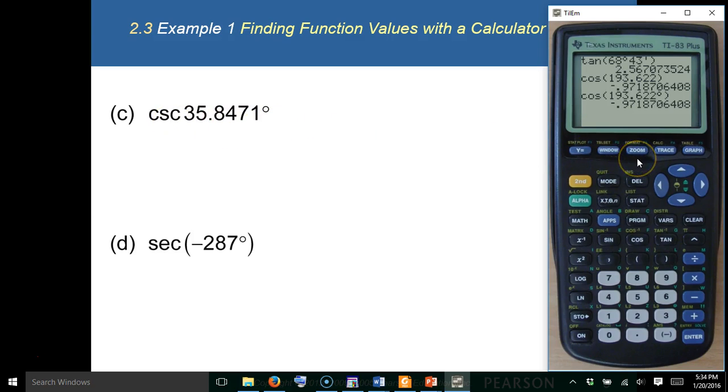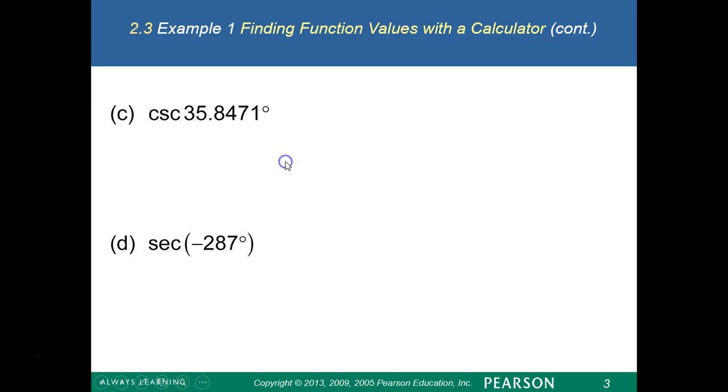If we were to plug this into our calculator, which we can't because we don't have the cosecant function, what we do have to plug in is 1 over sine of our given angle, which is 35.8471 degrees. If we plug that in, then we are going to find our correct solution.